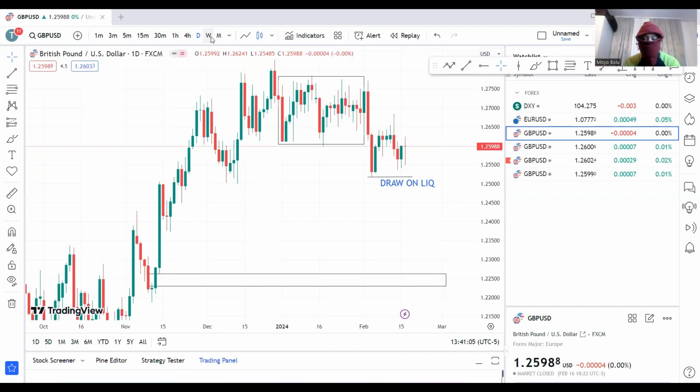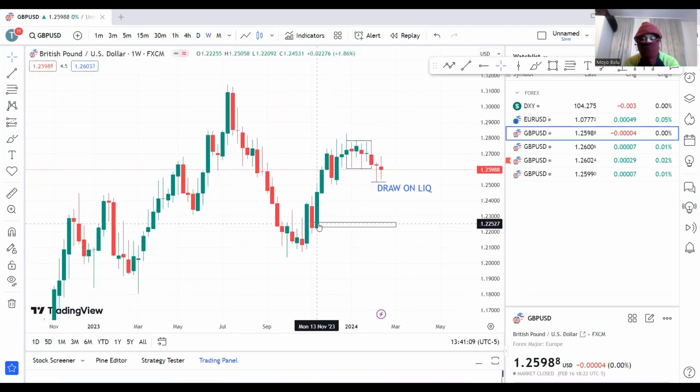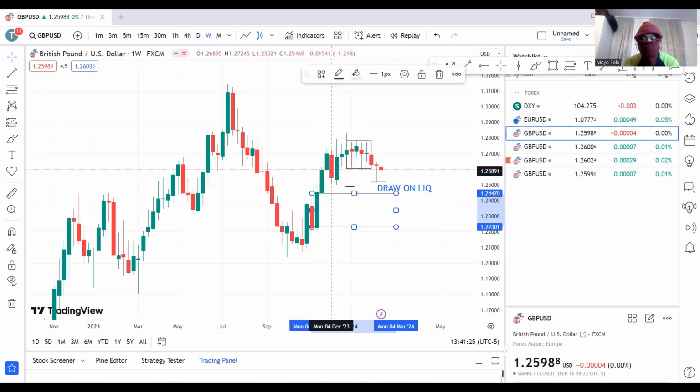I also said in my weekly review that I want to see this area here tapped into. The reason is because this was an order block, and normally I want to see this whole area traded into.